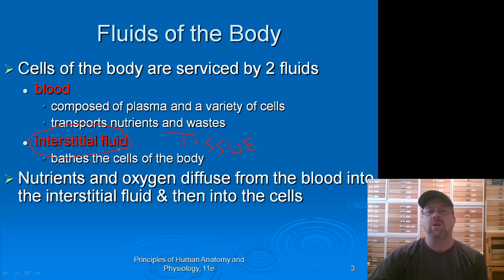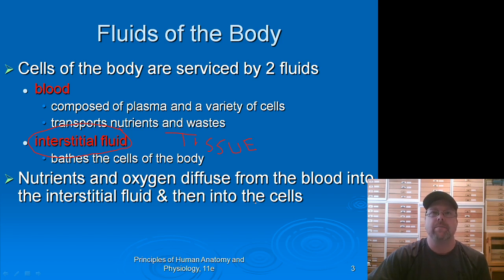So let's imagine we're carrying glucose, for example. Glucose is going to move through the bloodstream, but then it's going to leave the bloodstream and go into the interstitial fluid where it can be absorbed or moved into the cells. So nutrients and oxygen diffuse from the blood into the interstitial fluid and then into the cells themselves.